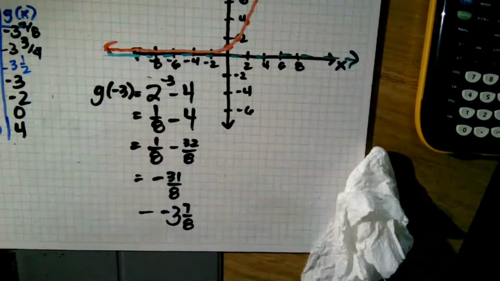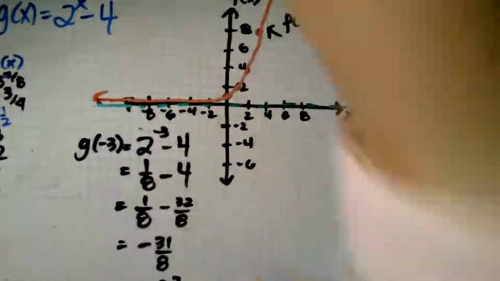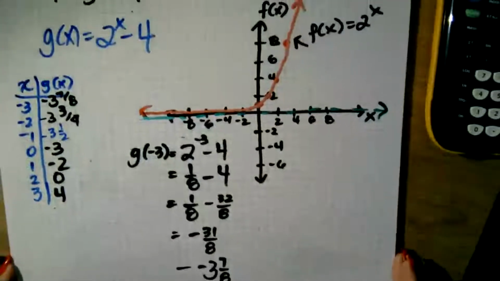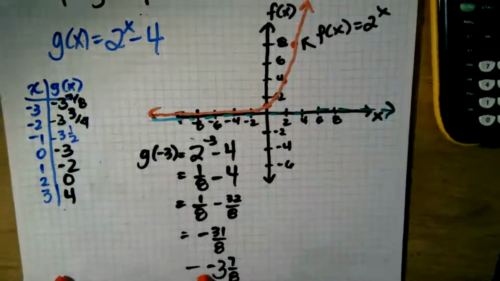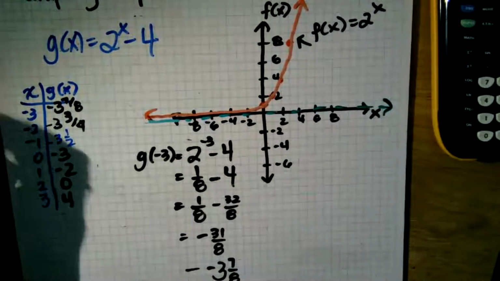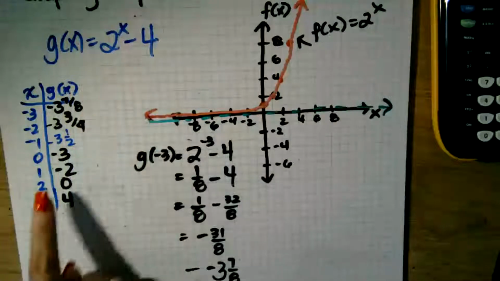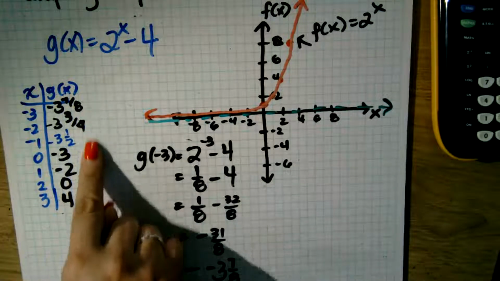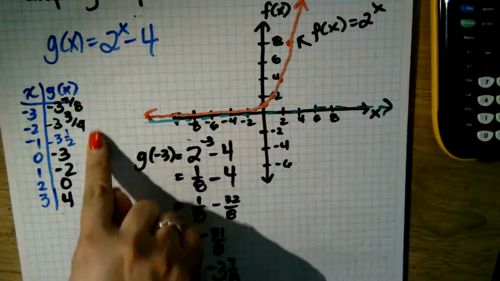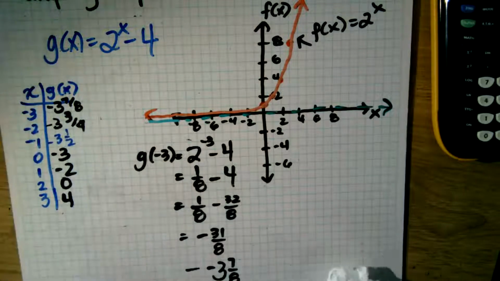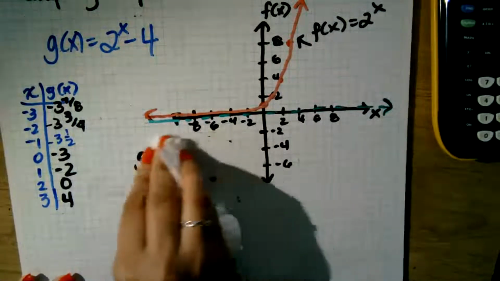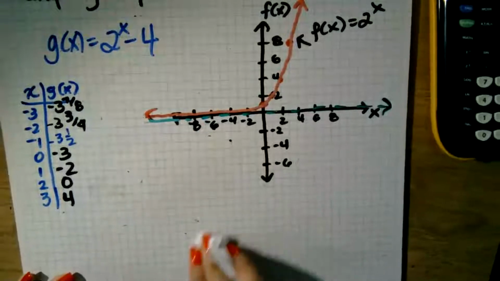Just by noticing here, I'm going back to my table of values. If you notice something, where are these values approaching? Those values are all getting really close to negative 4, but they're never reaching it.